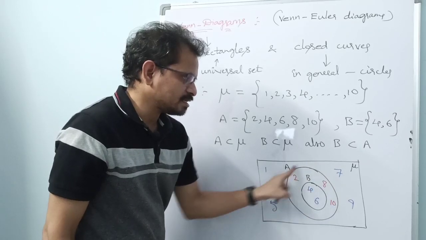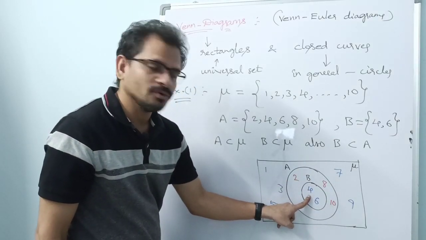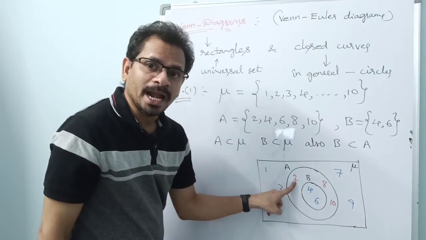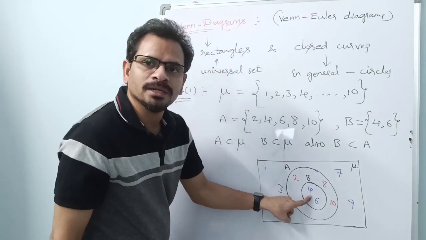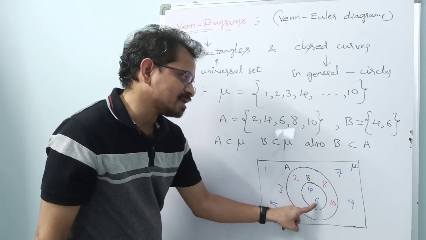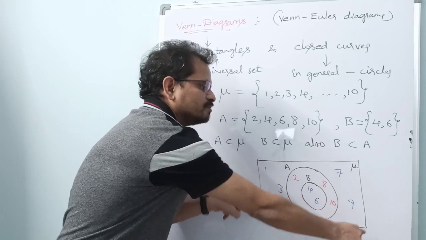Yes. 8 is there? Yes. 10 is there? Yes. Then 4 is there, within this circle also. So 4 also belongs to A, and 4 is also in the circle of set B, therefore 4 belongs to B also. Similarly 6 belongs to A as well as to B. And all these belong to the universal set.